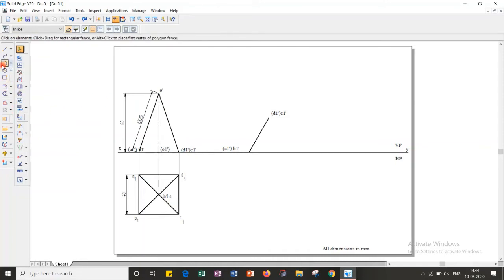Take your compass. Cut one arc by taking this one as center and radius 63.25. Construct one arc here.